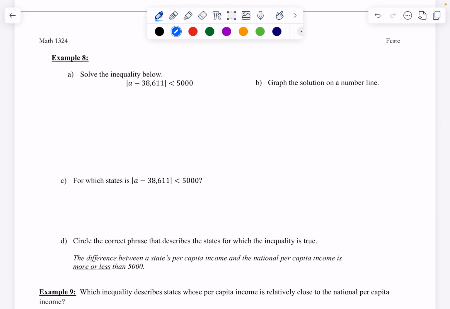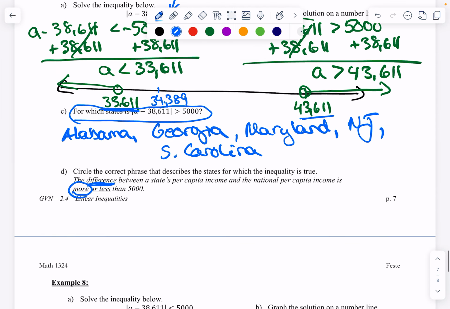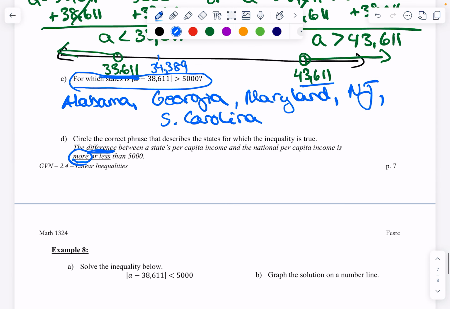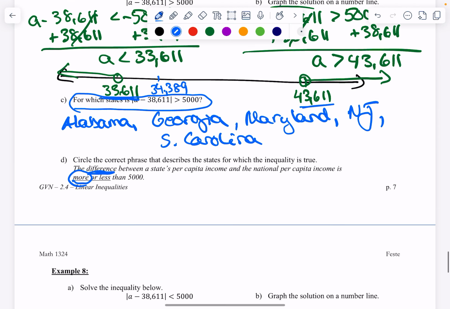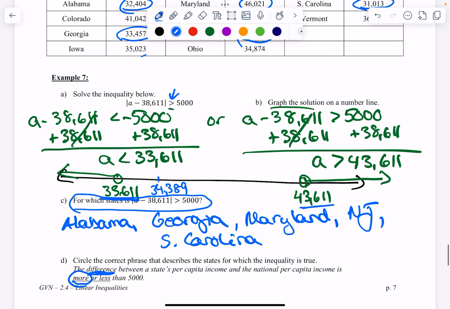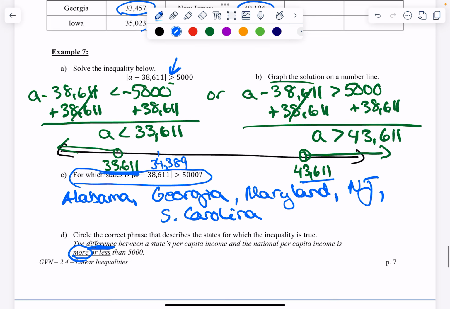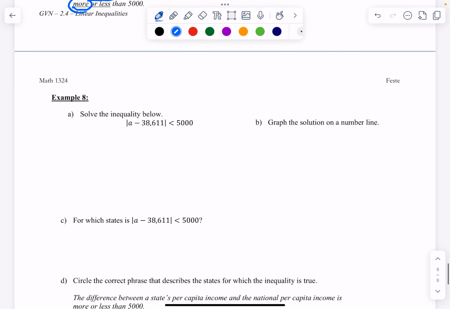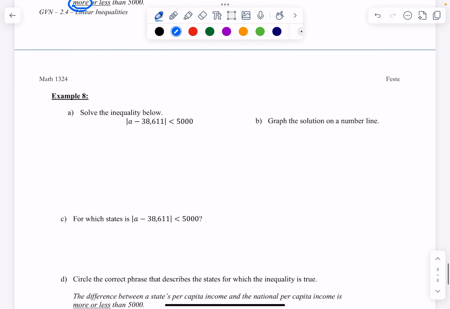Now, look at the difference. We have the exact same numbers for this, but the difference between what we had on this one, it was greater than. Here, now, we have less than. So that's the one that's in between. So negative 5,000 is less than A minus 38,611 is less than 5,000.